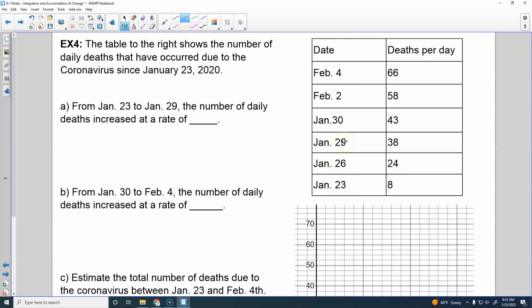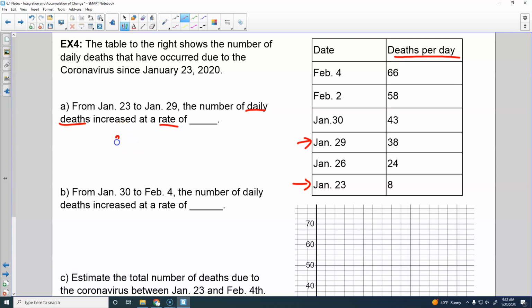So, we're looking at daily deaths, and we're looking at the rate that it is changing. So we're looking for the rate of this table, right? We're looking for derivative. We're looking for slope. We're going to use slope formula here.